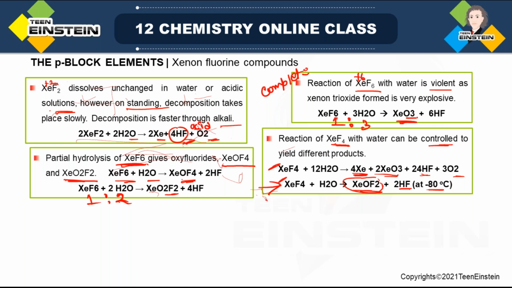So it contains only oxygen, there is no fluorine. But when it is partial, both oxygen as well as fluorine are present. So that is the partial hydrolysis product. Any doubt in these four different types of reactions? So these are the hydrolysis products of the different xenon fluorides: XeF2, XeF4, XeF6.